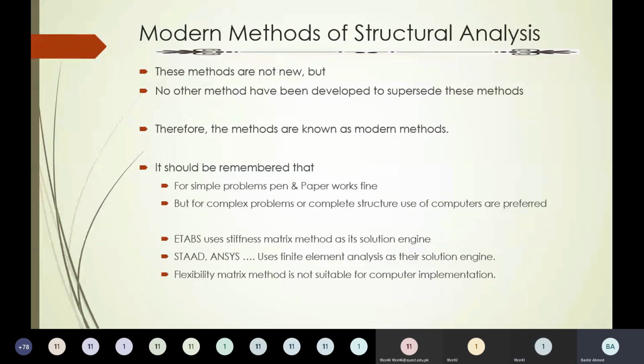Sorry to interrupt, sir. That means that the software is not accurate, or not precise? No, no. They are 100% accurate. They are well tested. Hundreds of beta users test the software first, then it goes to the market.